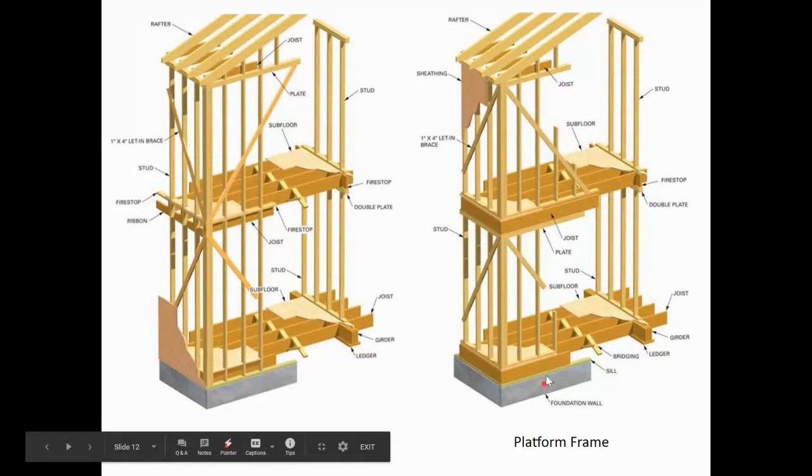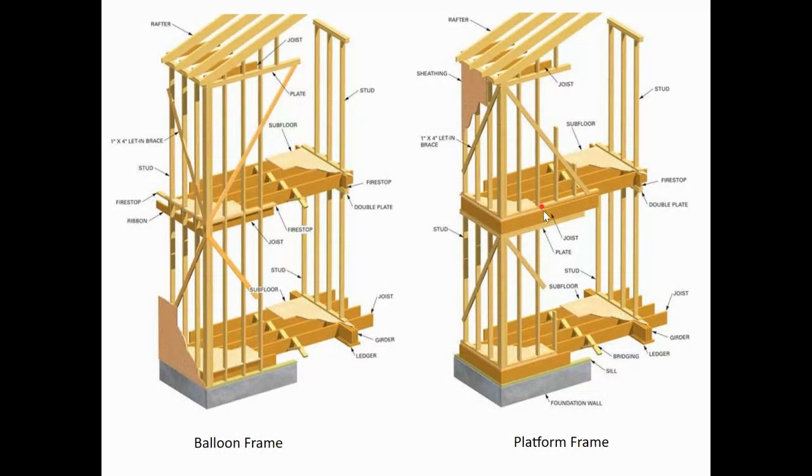On top of the concrete foundation is the floor. Over here on top of the concrete foundation is one of these studs that go from the foundation all the way up almost to the roof, where here the stud only goes from the top of the first floor to the bottom of the second floor.